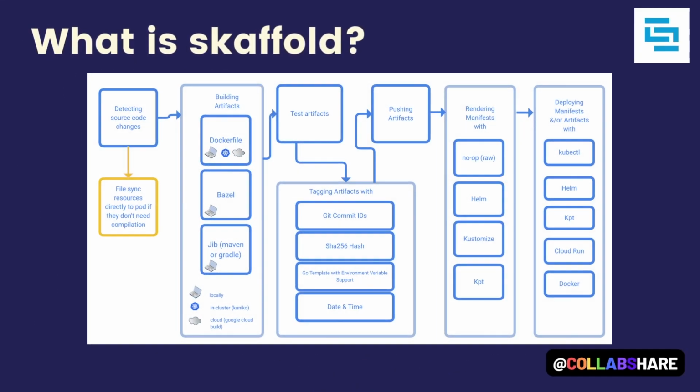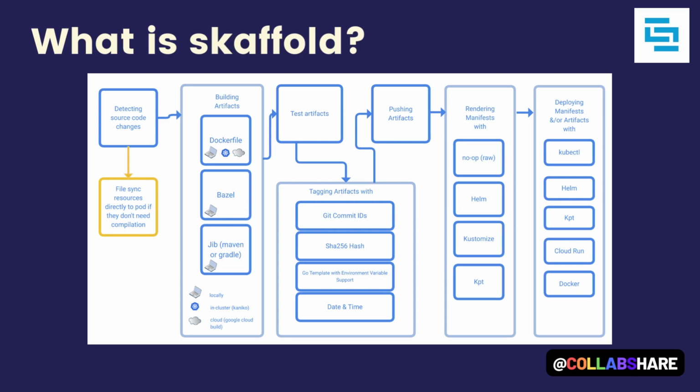This diagram shows what Skaffold can do to make life easier for developers. Skaffold is a command line tool that automates the development workflow for Kubernetes applications. It can do the following things. It can watch for changes in the source code and automatically rebuild and redeploy the application.